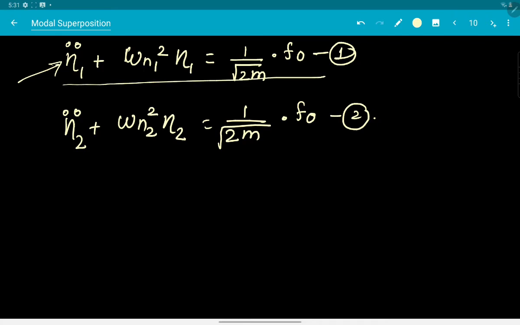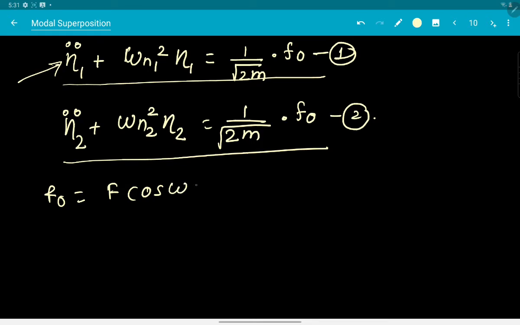Again, it will have a complementary solution and a steady state part, and this will also have a complementary solution and steady state part. We are now going to look at only the steady state part. We also know that this f0 is nothing but f cosine omega t. So the first single degree of freedom system that we are going to solve is this one.